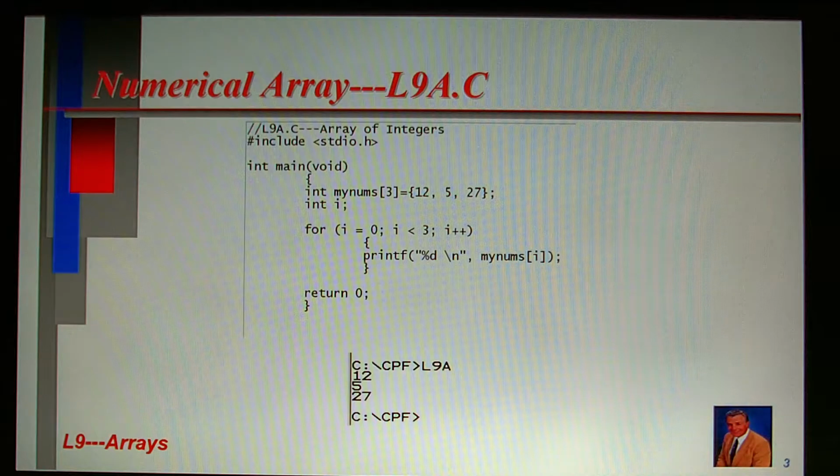The next line, int i;, declares a variable i as an integer. The variable i will be used to index or subscript within the array. For example, the value of mynums[i], where i equals 0, is 12.